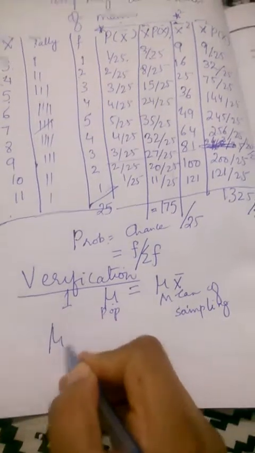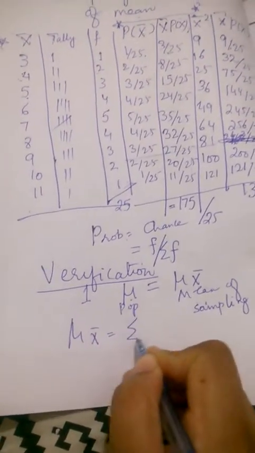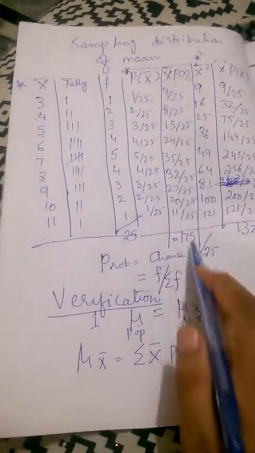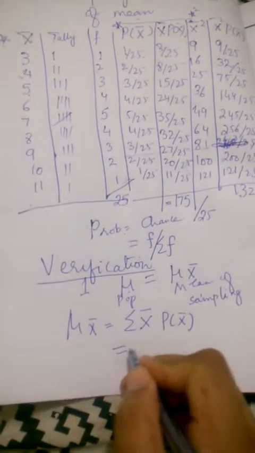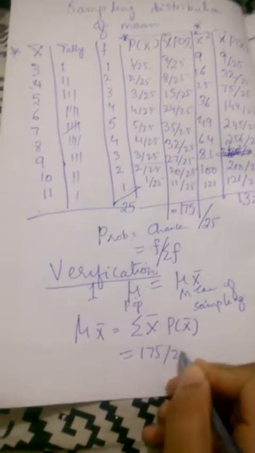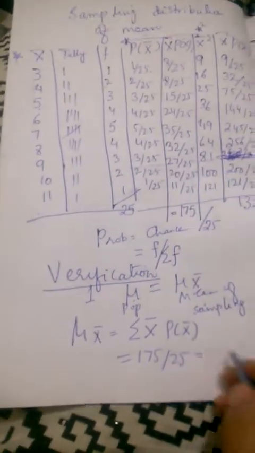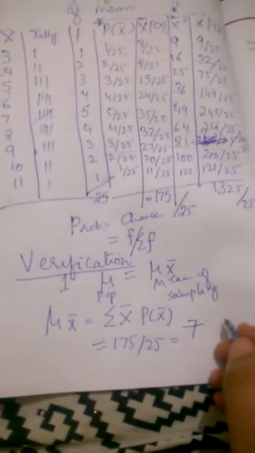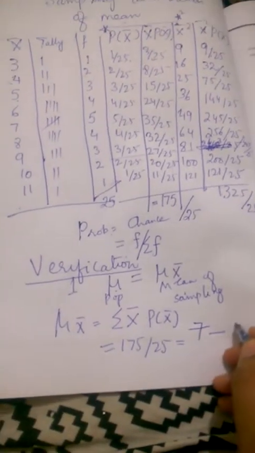So mu of x bar का formula होता है mu of x bar is equal to sum x bar into p of x bar. We had already made this column. That is equal to 175 by 25, and 175 divided by 25 turns out to be equal to 7.